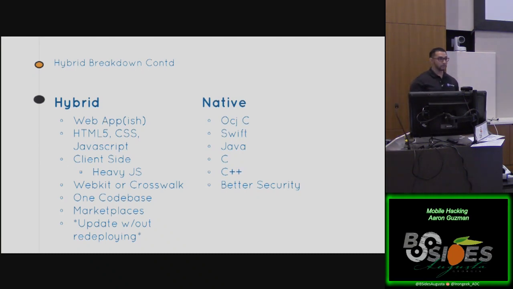With Objective-C on iOS, there are plenty, for example in URL schemes and inter-process communication. There are legacy APIs that have since been deprecated but are still used by applications that don't validate certain parameters. With Swift, Java, C, and C++ you have more control over the application.